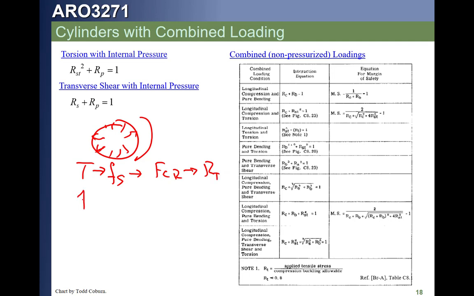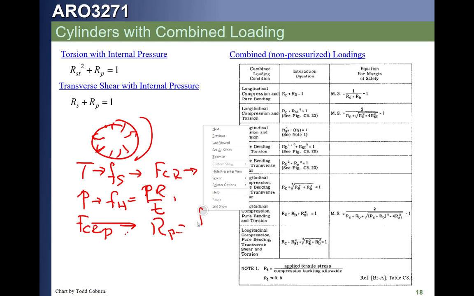We then take our internal pressure. We're going to calculate our stress based on the internal pressure, which in this case is our hoop stress, which is given by PR over T. And we can calculate our allowable for that pressure. We can calculate our stress ratio for that pressure using these two values. It's our F hoop divided by our F critical.